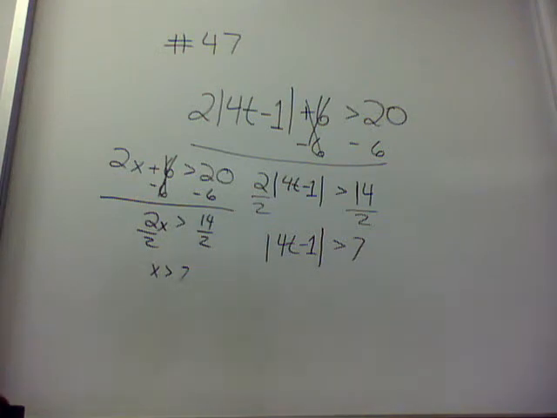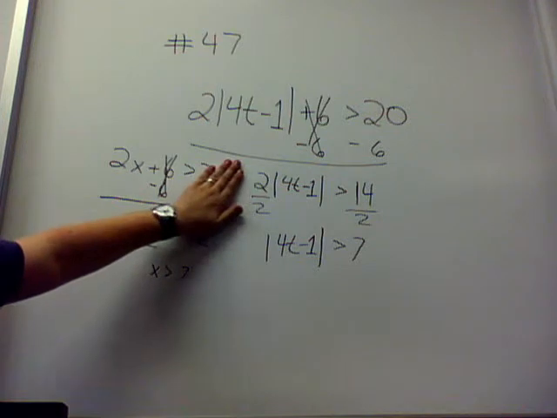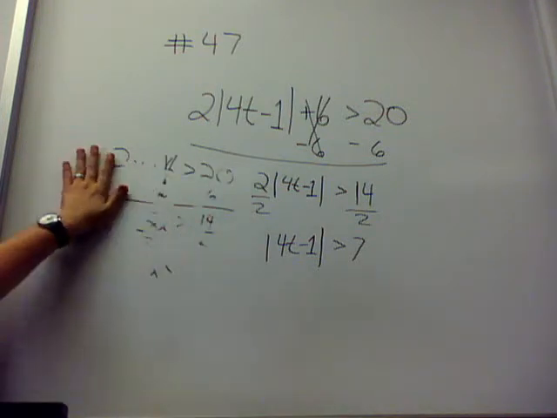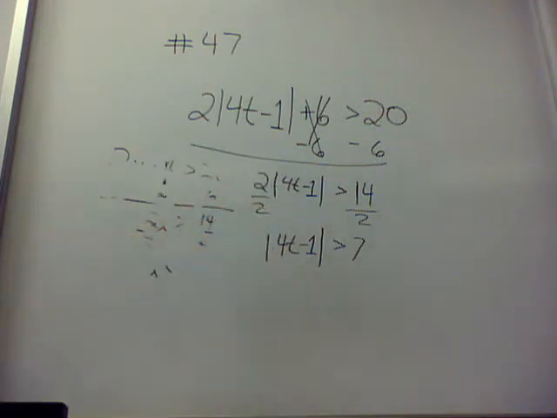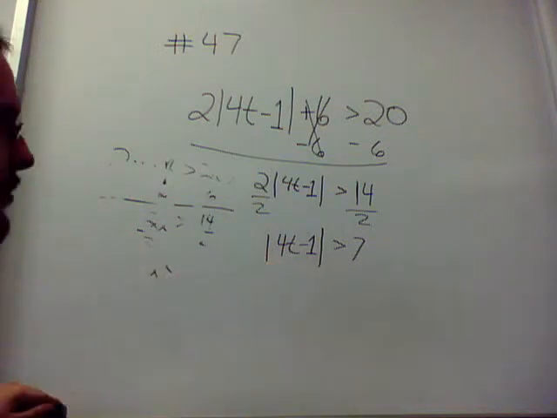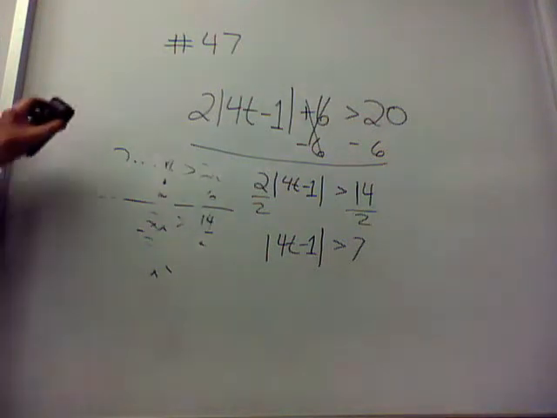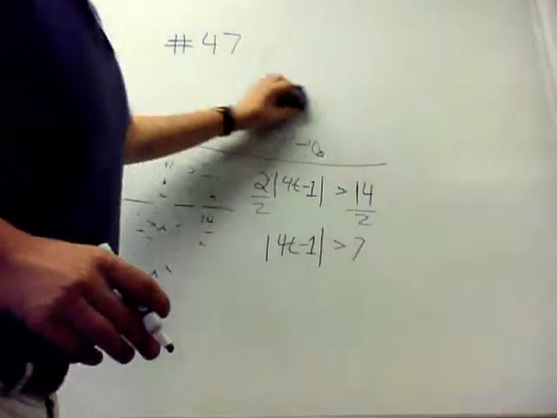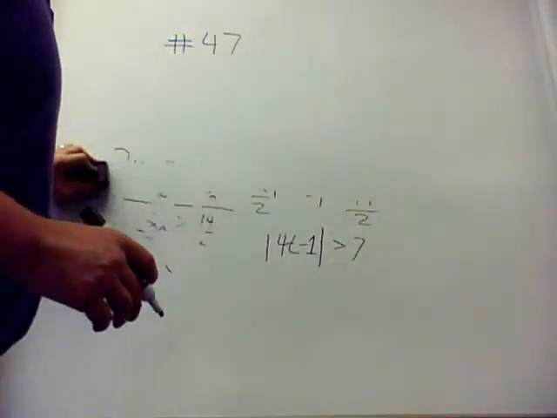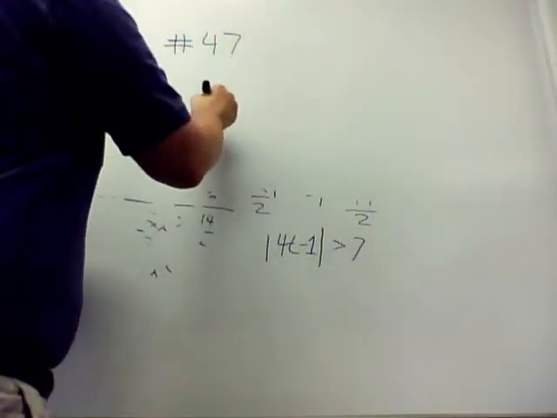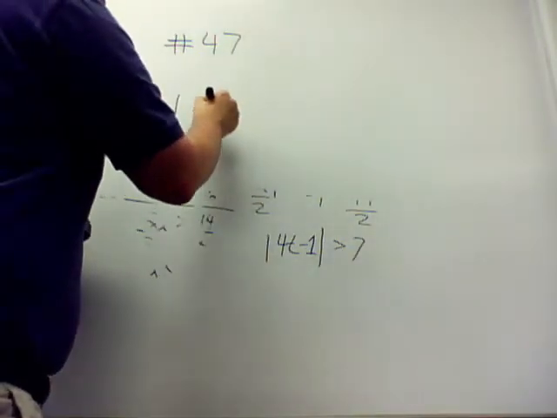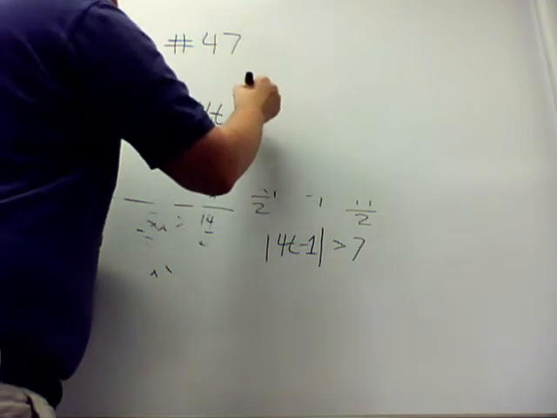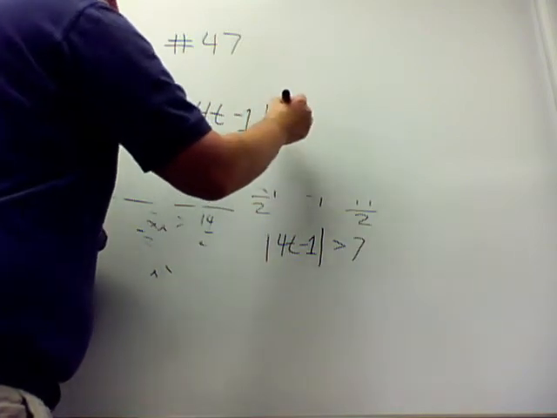If you have any trouble understanding how to solve that, well, first off, none of this is important anymore. This is just showing us how to solve that one. Now that we have this, we're going to work it out just like we did on number 3. I'm going to go ahead and erase the top part because I'm getting close to the bottom of the board. So what we had left was the absolute value of 4t minus 1 is greater than 7.